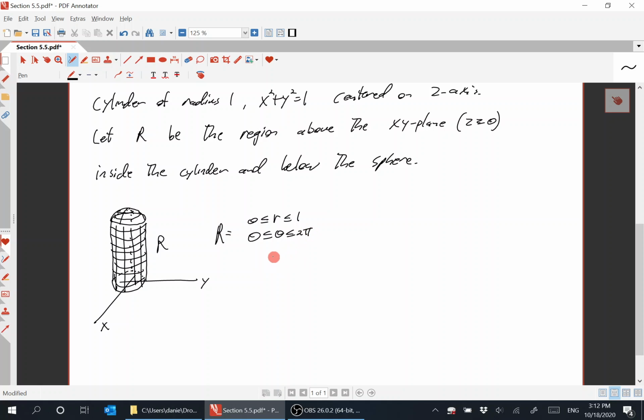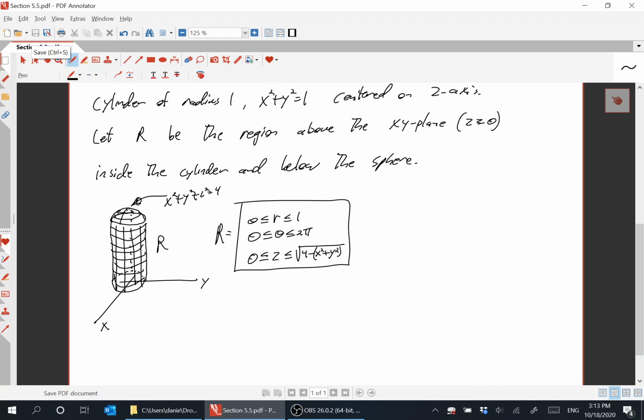And z goes from 0 to the top half of the sphere, x squared plus y squared plus z squared equal to 4. So 0 is less than or equal to z is less than or equal to square root of 4 minus x squared plus y squared. So that's the description of this region in cylindrical coordinates.